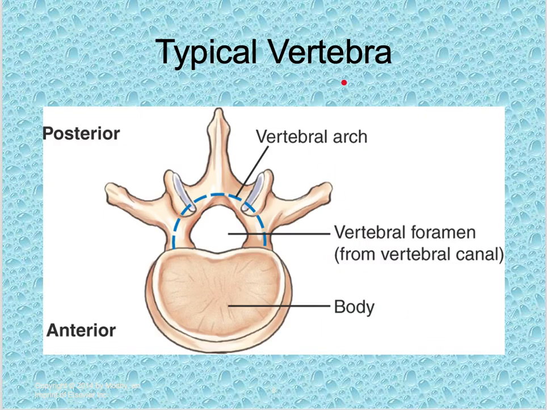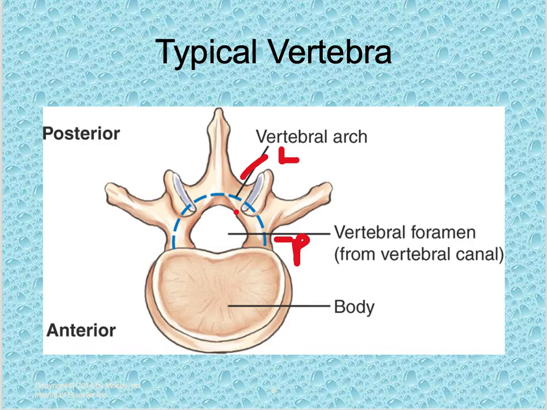So typical vertebrae, this is just discussing what a typical vertebrae looks like. You've got your body. You're going to have your pedicle here, you're going to have your lamina here, and then you have your spinous process. So typical vertebrae, that's the way it's going to be. Your vertebral body, pedicle, lamina, spinous process.